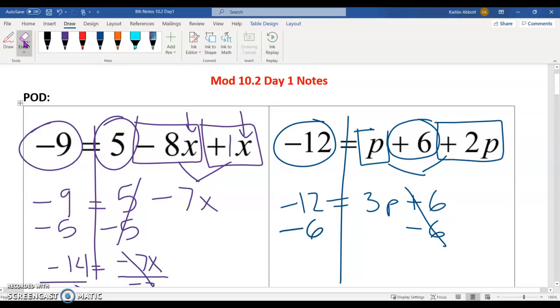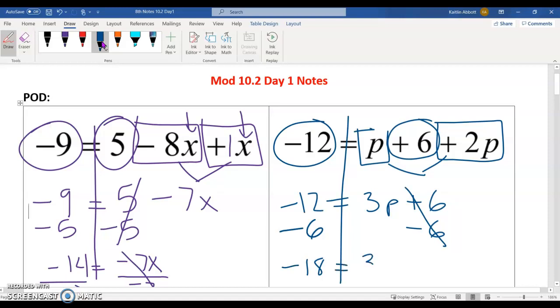Same thing like we did on the other side, -12 minus another 6, you're going to actually add those numbers together. So 12 plus 6 is going to get you 18. And it's going to stay negative because you're adding more debt.